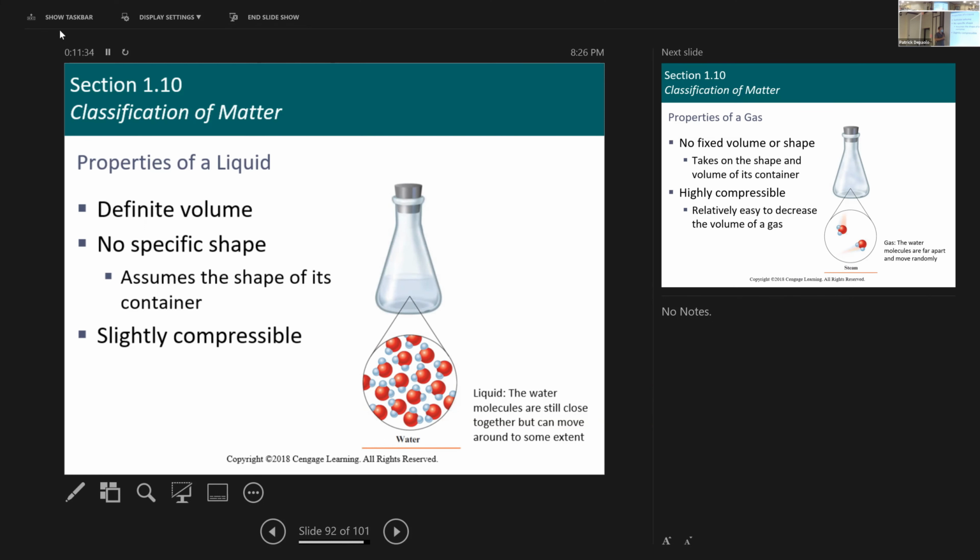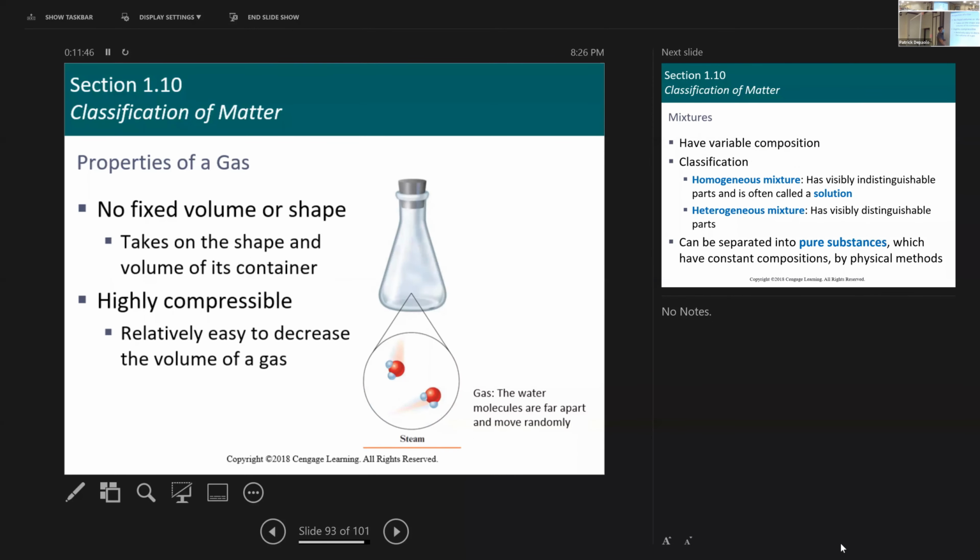But the real magic happens when you go to the next level, when you add more thermal energy, more molecular speed, more kinetic energy, and more molecular motion, is you have the gas. The gases are heavily compressible because they are so far apart from each other compared to their sizes that they could be compressed a very large amount.